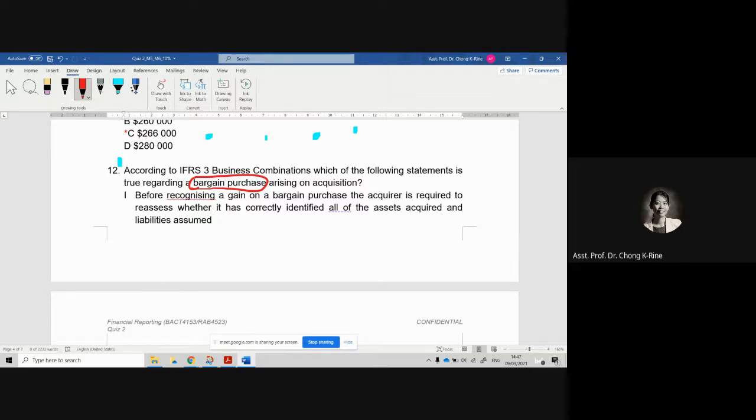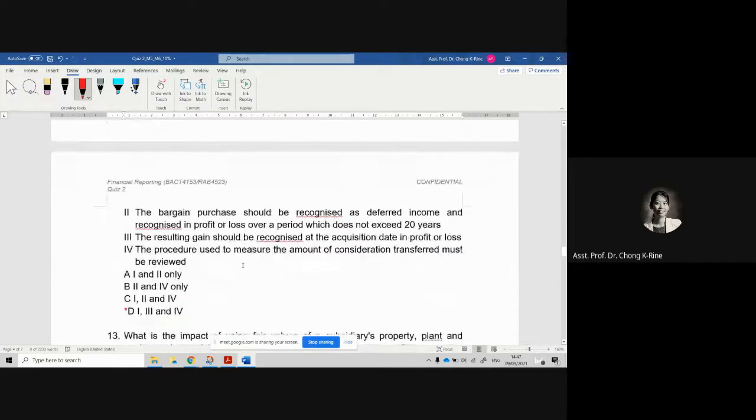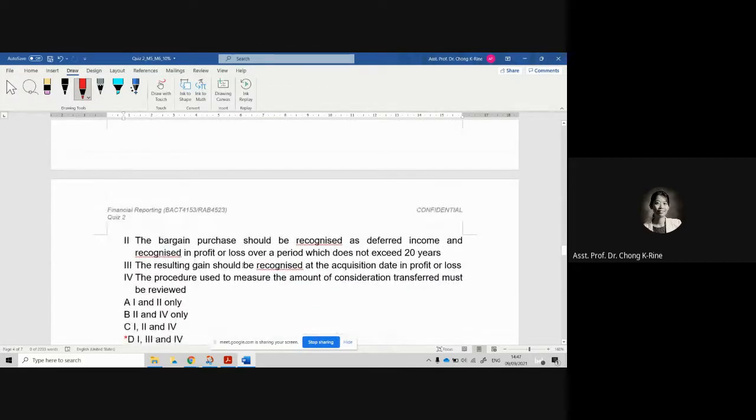So we will have to reassess whether it is correct or not. We identify everything already or not. And then we also have to review, because this will increase the net profit. So we have to be careful when there is a bargain purchase. We have to double check it is correct, and so on.